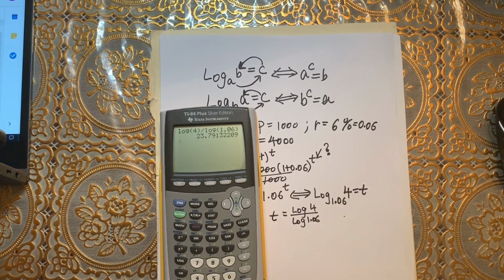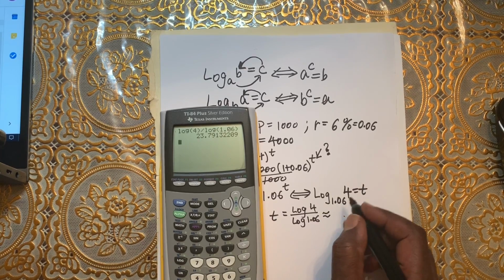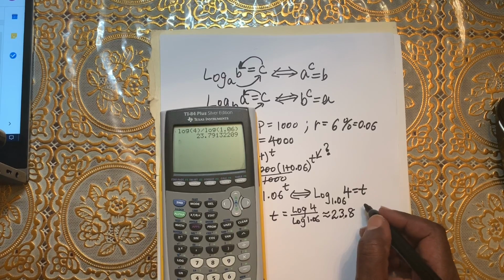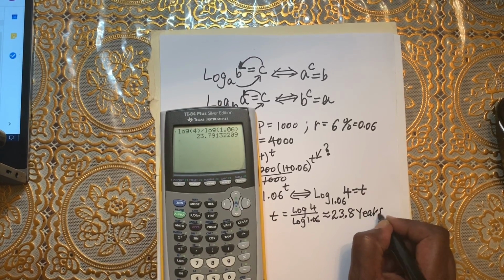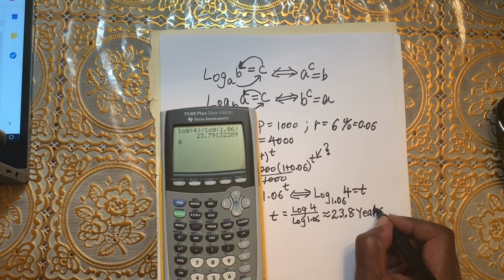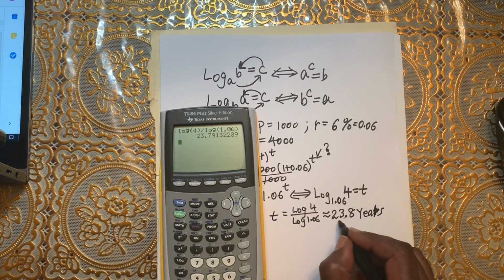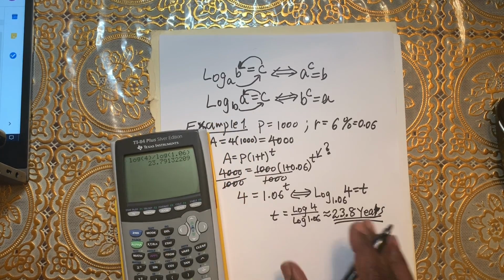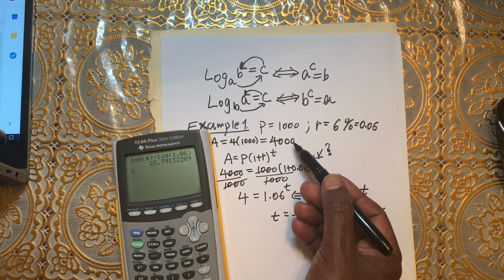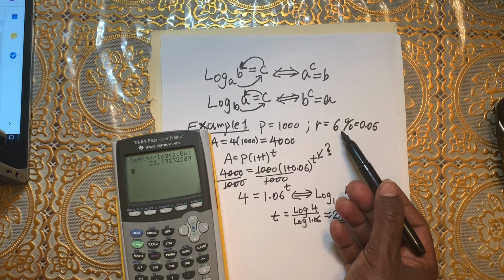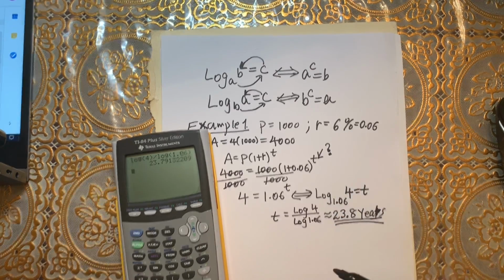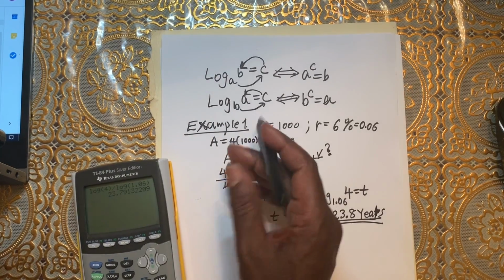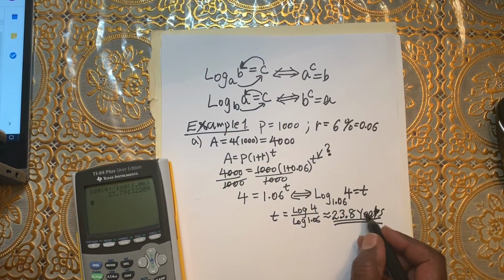This gives me 23.8 years. 23.8 years is required for Mr. Peter's money to grow from 1,000 to 4,000 with annual compound interest rate of 0.06 or 6%. This is question A, when it is compounded annually.